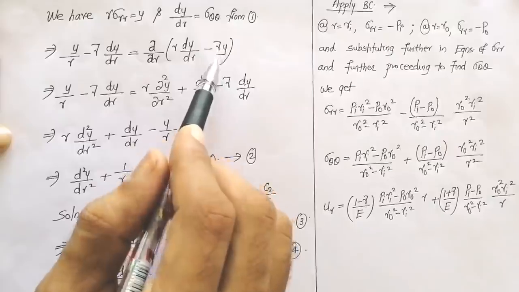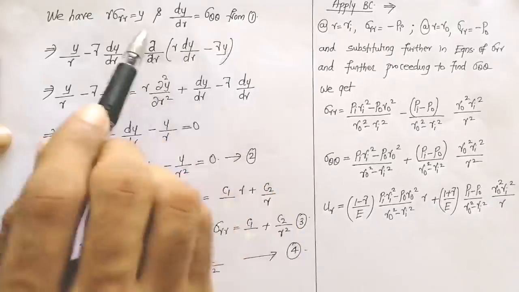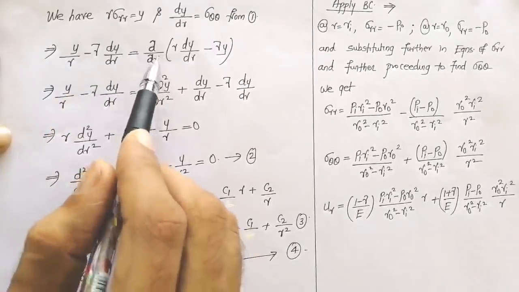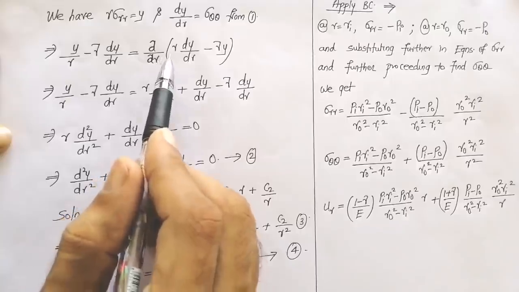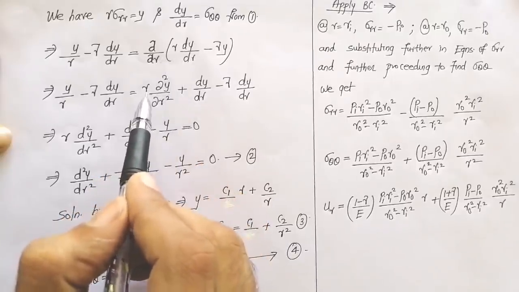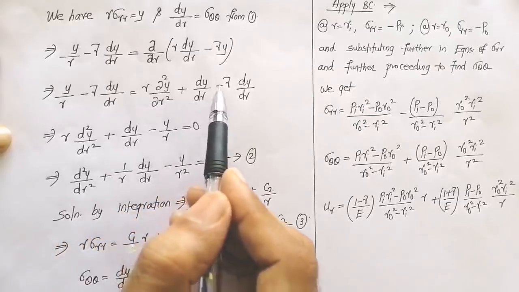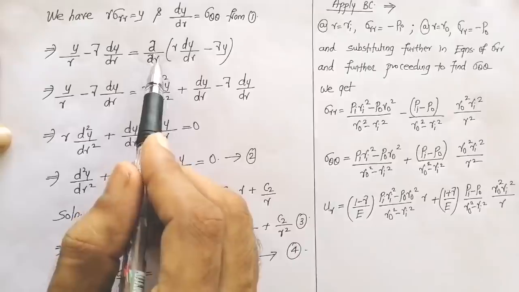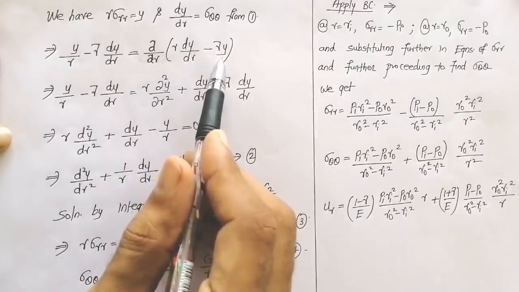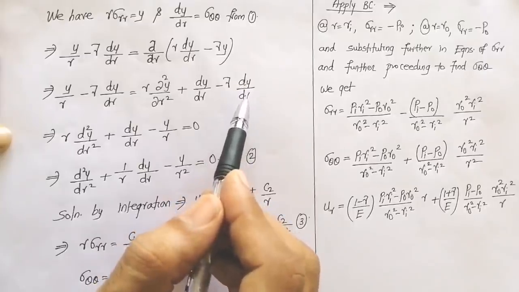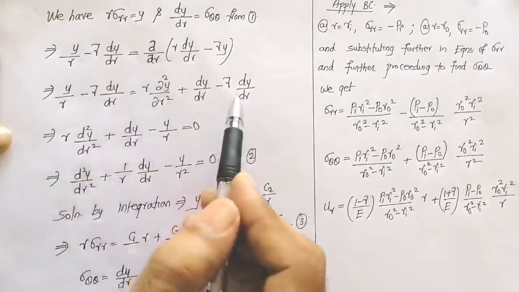So remember, y is not a simple variable, y is equal to r sigma rr. So if I differentiate this RHS again, by the UV principle, I get r dou square y by dou r square plus dy by dr minus nu into dou by dou r of y. You should not write as 0 because y is a function of r, so you should write dy by dr. Why am I changing this dou to d?